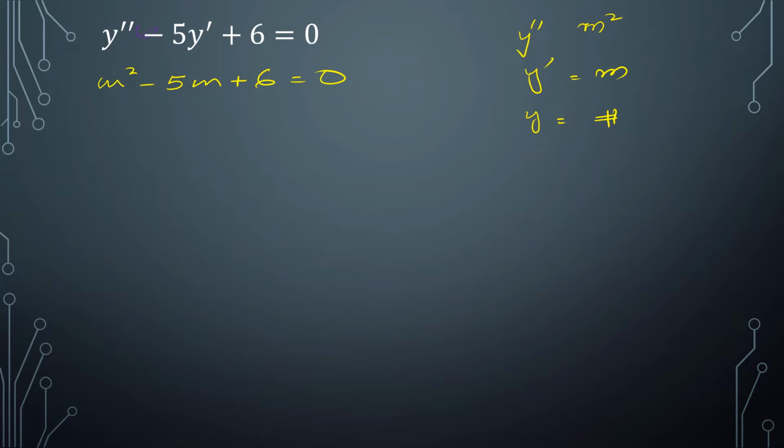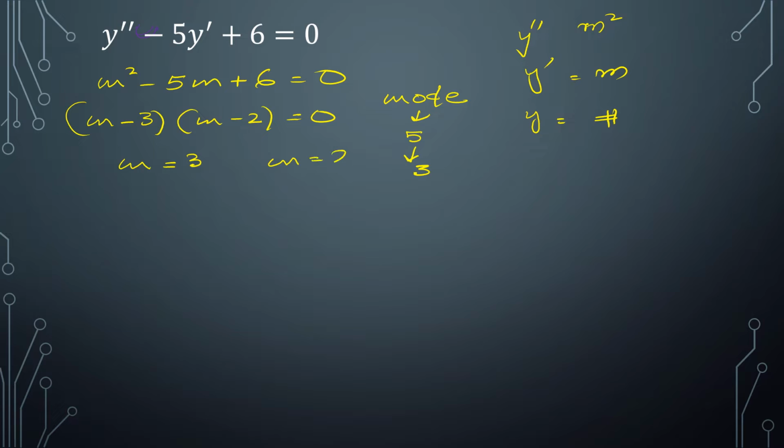You can use your scientific calculator directly with mode 5 3, and if not, then we know the factors are m minus 3 and m minus 2 equals 0, or in your calculator directly m equals 3 and m equals 2.